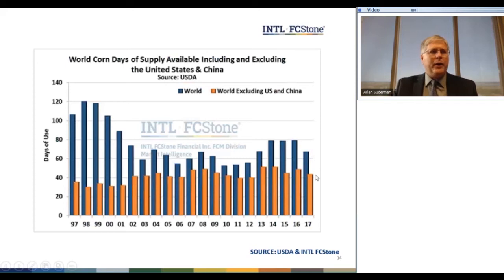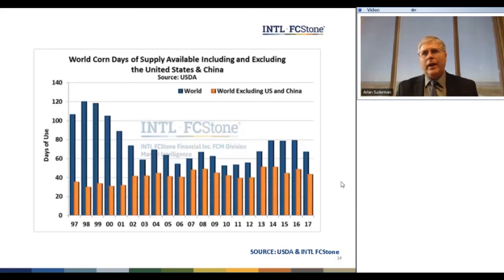If you take the U.S. and China out of it, then you're looking at about a 42-day supply. From a historical standpoint, that's pretty close to the 40-day supply we had back in 2012. So taking the United States and China out of the picture, we're pretty much hand to mouth.